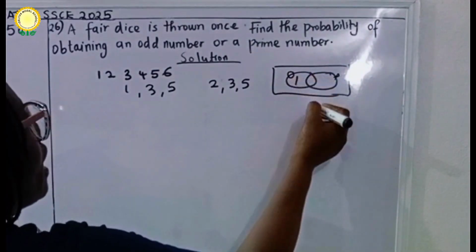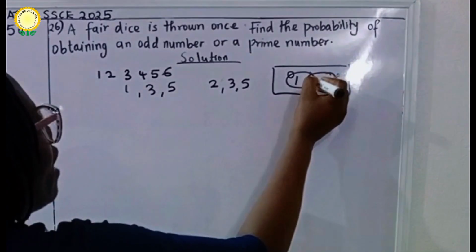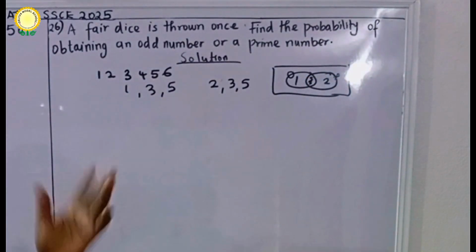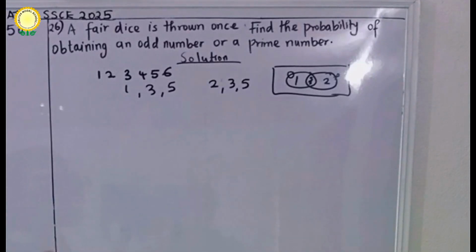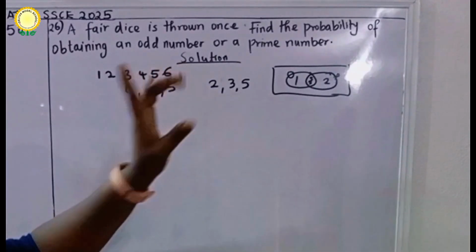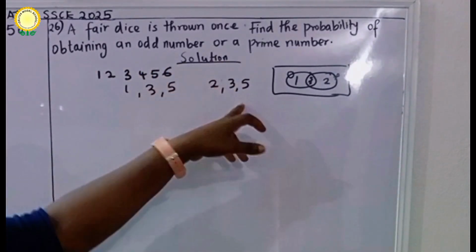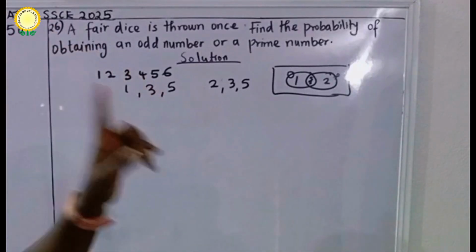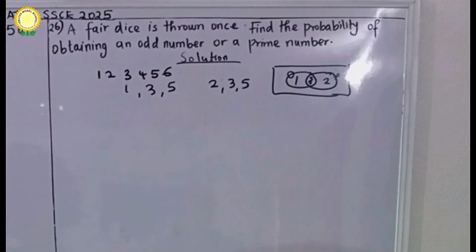We have odd numbers 1, but 3 and 5, it's possible that it's going to pick 3 and 5, but they are odd and prime numbers. So what do we do in this case? You have to treat them once. You cannot add them two times because it was thrown once. So we are going to count the 3 only once.